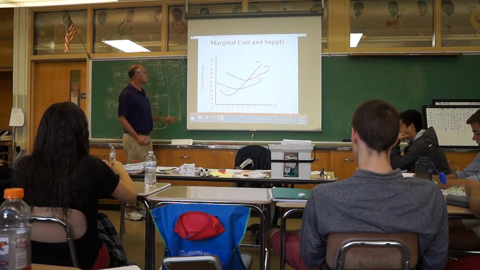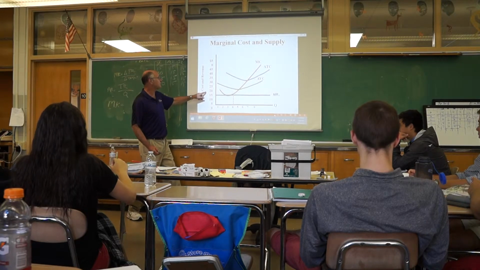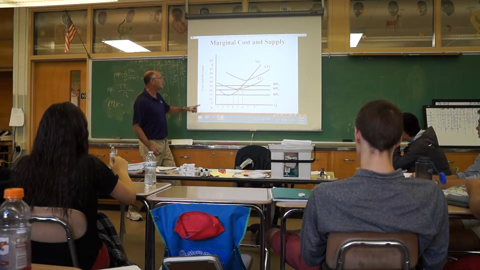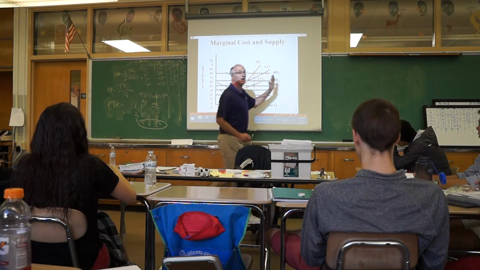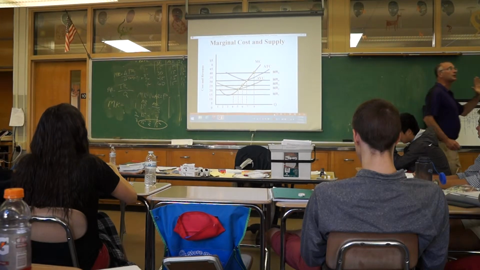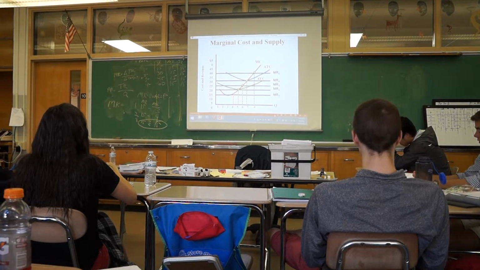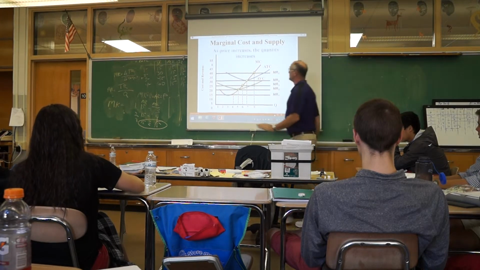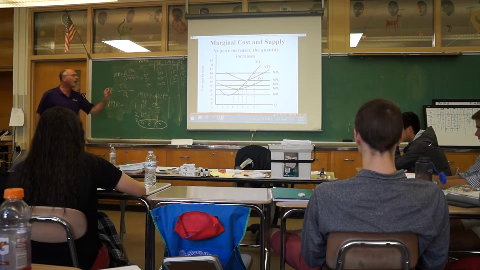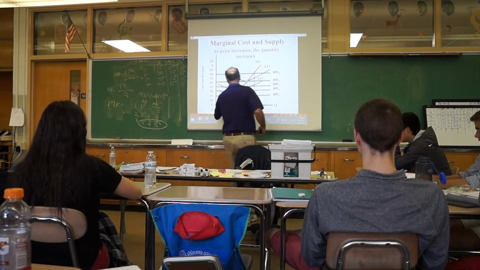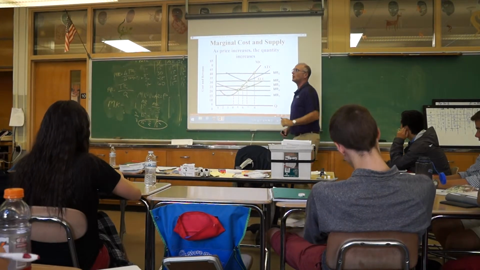Now, Maya, pay attention. As price goes up with MC, what is happening? Yeah, so the MC curve is the supply curve for the firm above the AVC. June, why above the AVC? Why isn't it the supply curve down here also?